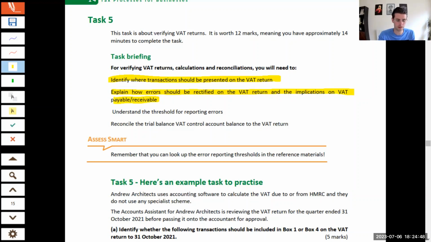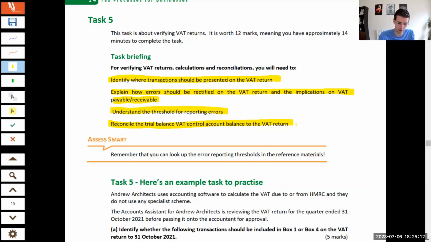There's also a bit about the threshold for reporting errors, and reconciling the VAT account in a trial balance against the amount on a VAT return. Spoiler alert, if you have to do that, they probably won't match and you'll have to find out why.